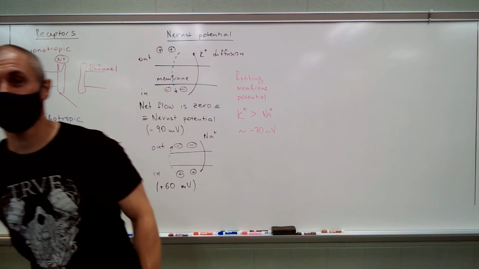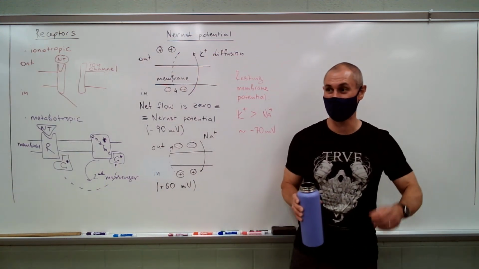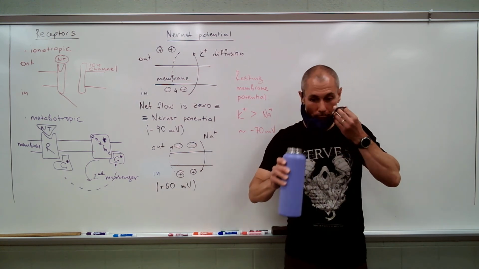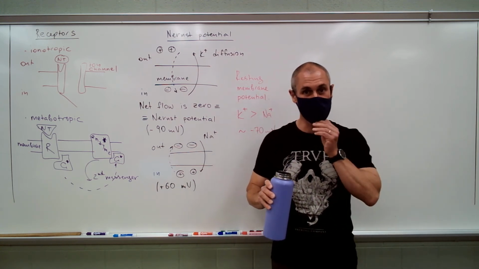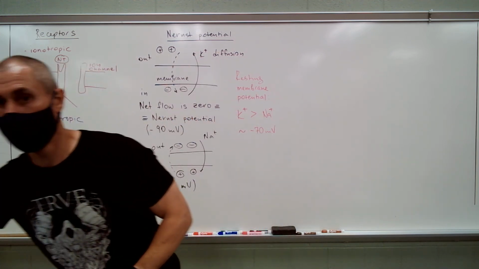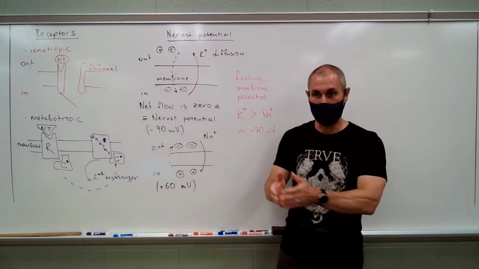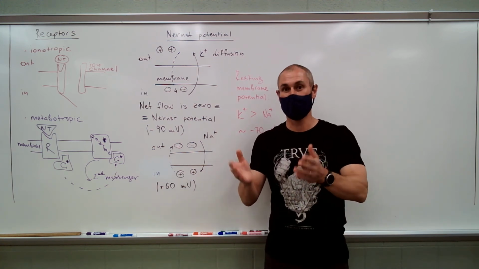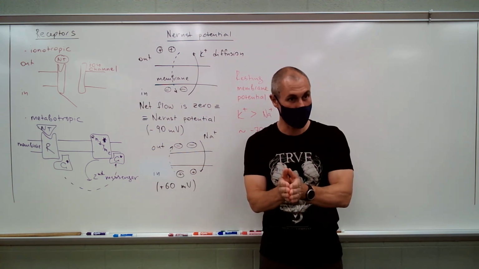Well, I can give actually a clinical relevance here. Not for the exam, but just to kind of cheer you up a little bit. We're talking about transmission of a signal in a neuron, right? And it's going to be an electrical signal, right?